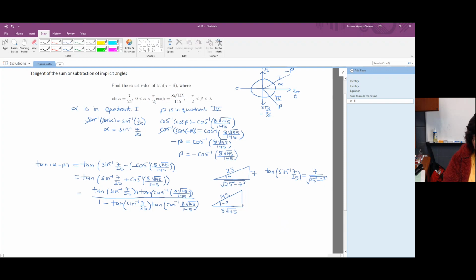And to work with this triangle, we have this right triangle. One of the sides is 8 root of 145 units long. The hypotenuse is 145 units long, then this side has to be the length of the hypotenuse squared minus the length of the side squared, all that under the root.